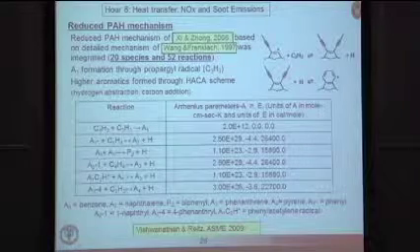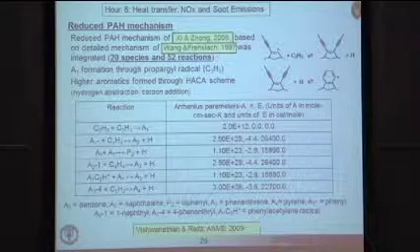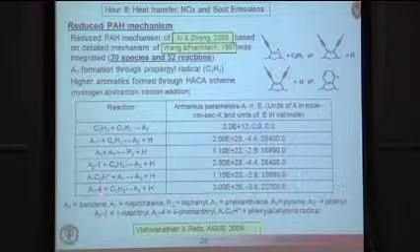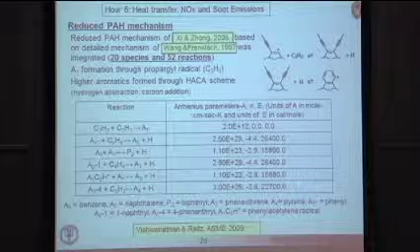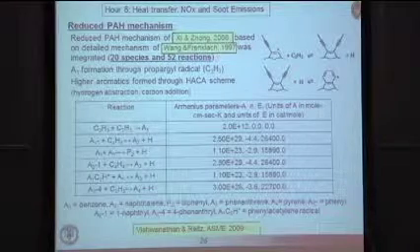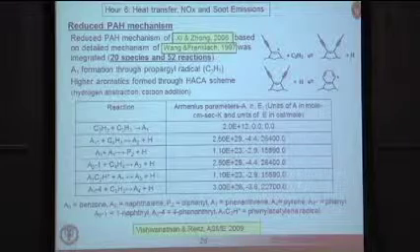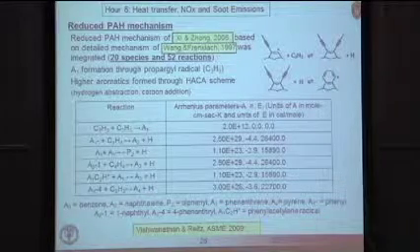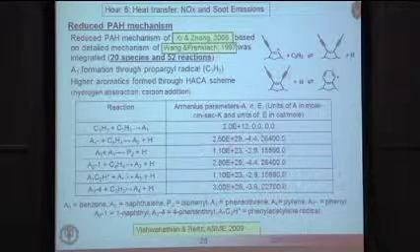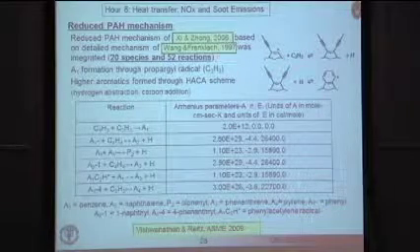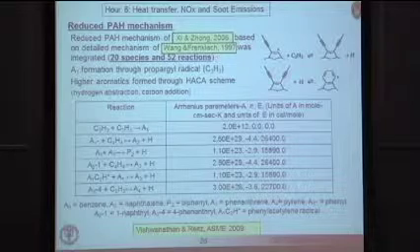This mechanism essentially allows you to track, starting with acetylene and propargyl, the formation all the way up to the A4, the pyrene polyaromatic hydrocarbon. This just shows some of the important reactions in that mechanism, 20 species and 52 reactions.